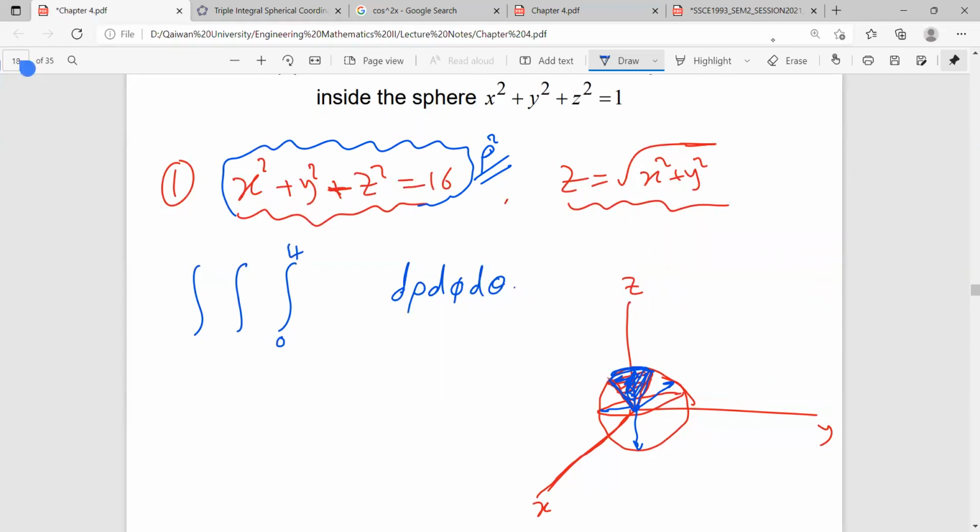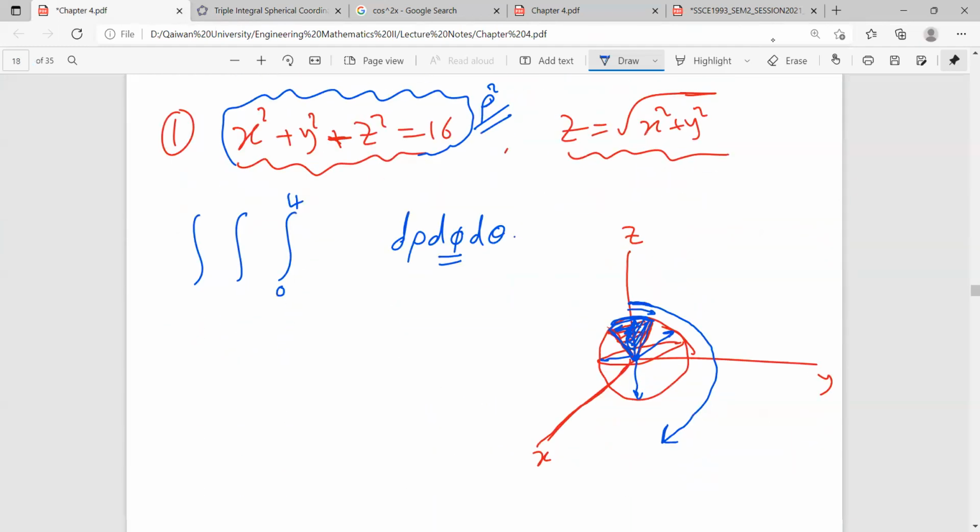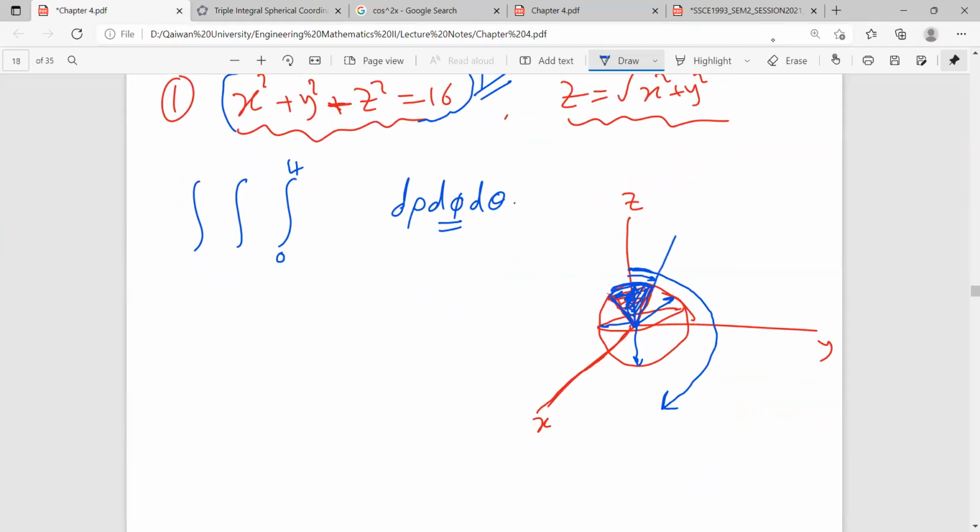Then we are going to find phi. Phi and theta are angles. For phi, we count the angle from here up to here. This is the cone.